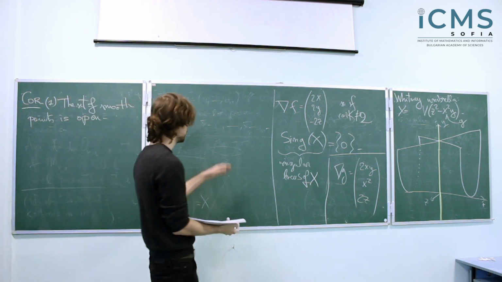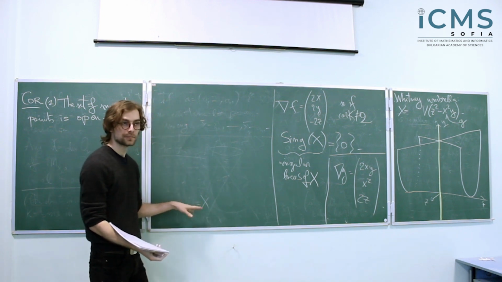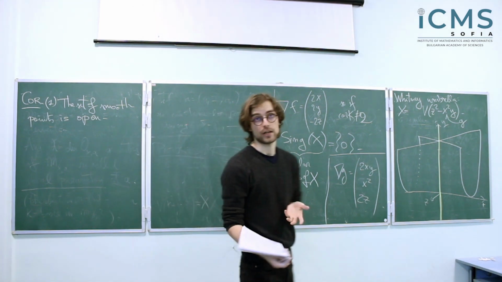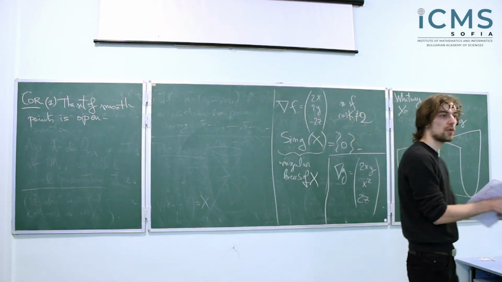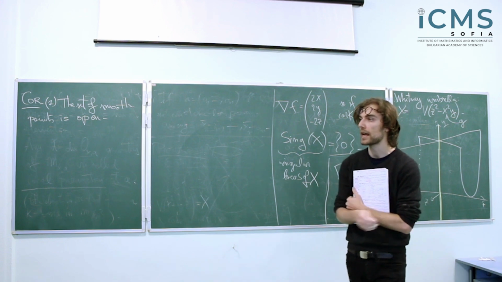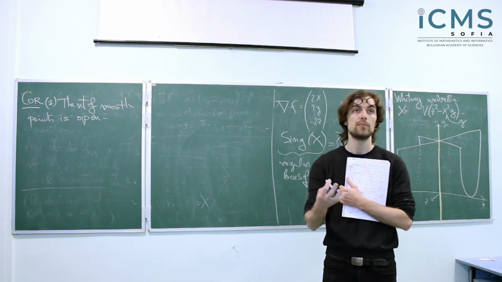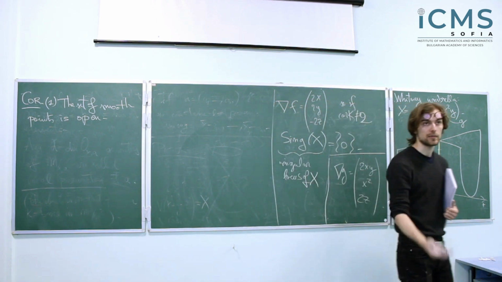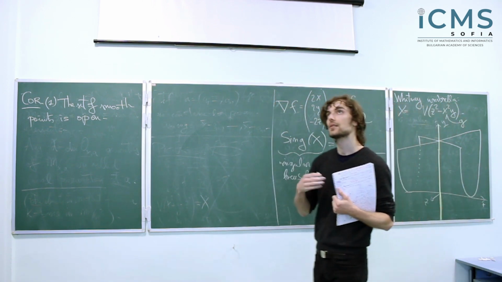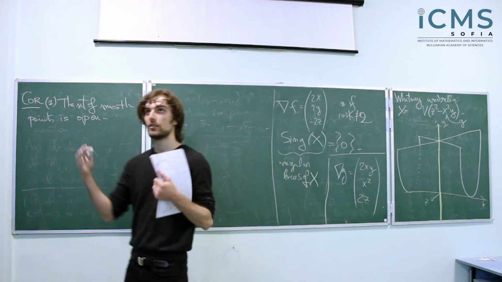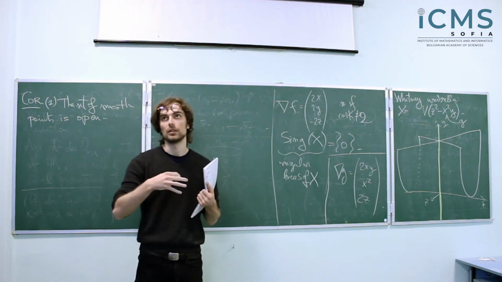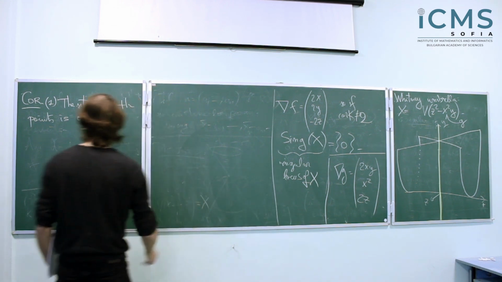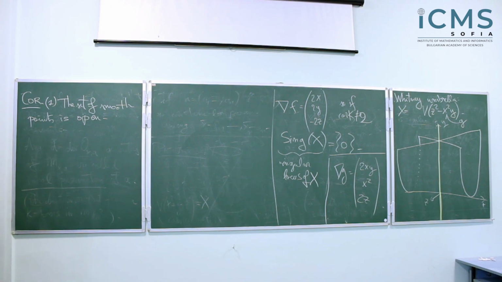So the idea is to take the Jacobian criterion and reformulate it in terms of algebraic equations. But the fact that you have the rank of something being bigger than a fixed bound, that is an algebraic condition, because it amounts to saying that some minors of the matrix are non-zero. So that defines an open space. Okay. So that's more or less the idea of how we prove this.